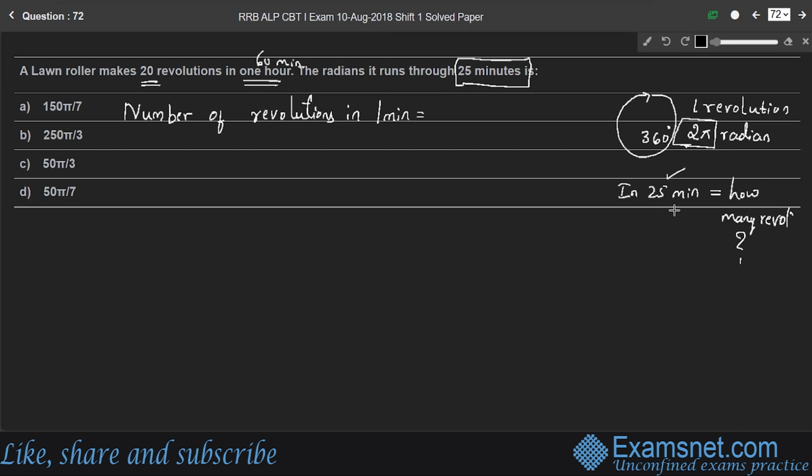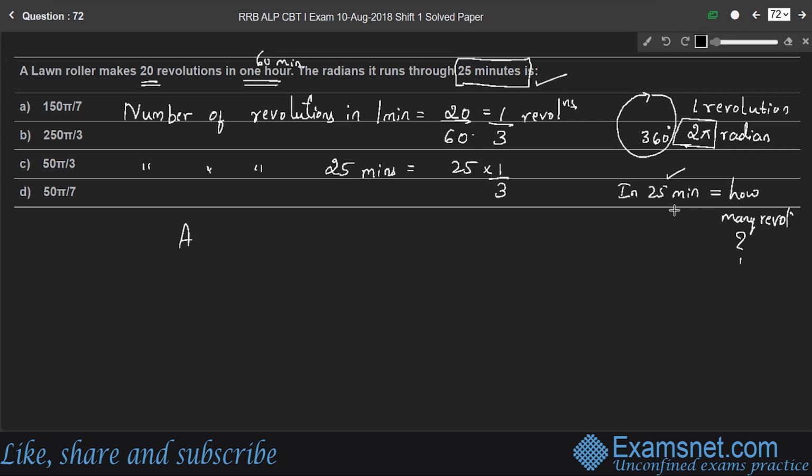Therefore, in 1 minute, the roller can make 20 by 60 revolutions, that means 1 by 3 revolutions. Therefore, in 25 minutes, the number of revolutions made by the lawn roller is 25 into 1 by 3.